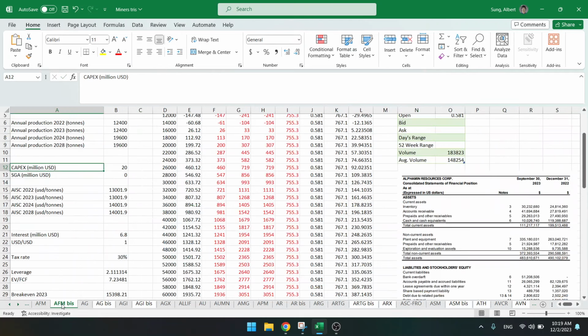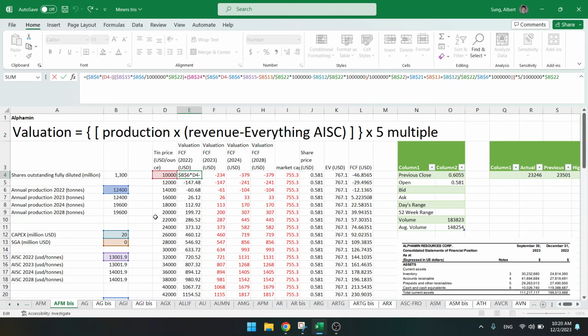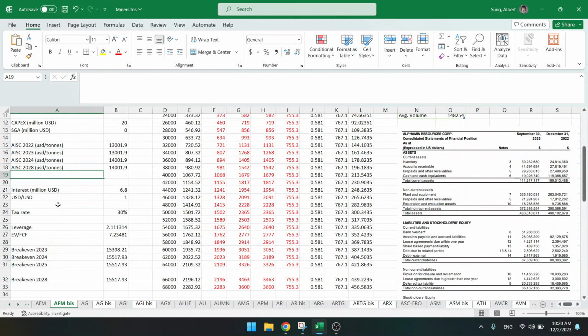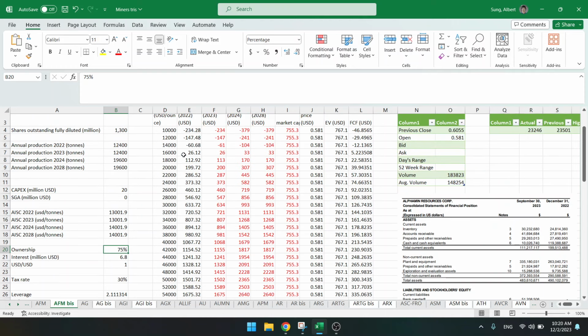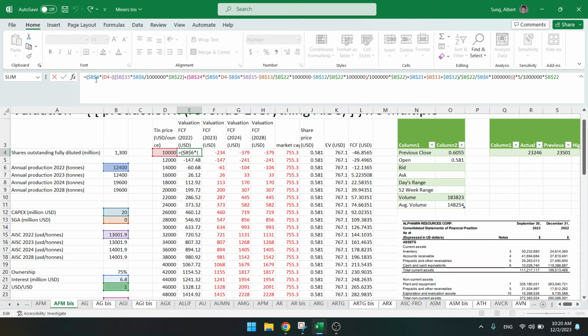So let's do that. So the free cash flow that we get here, we need to multiply it with ownership, which is 75% when you take everything into account. So this free cash flow will be times 75% ownership.